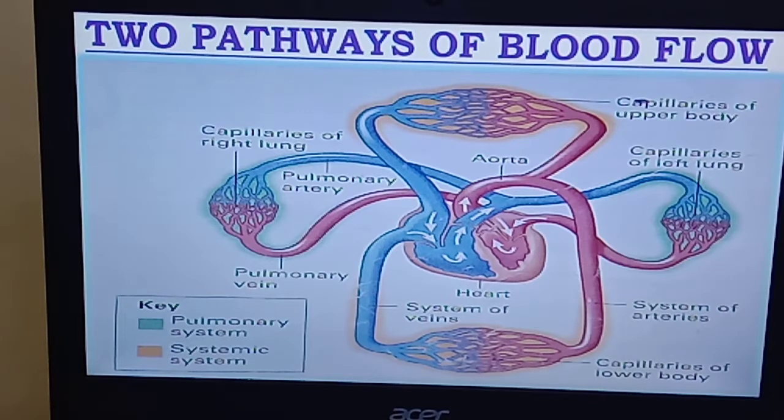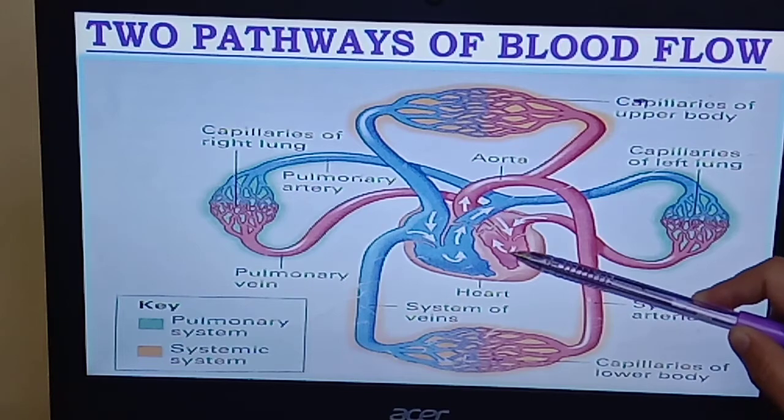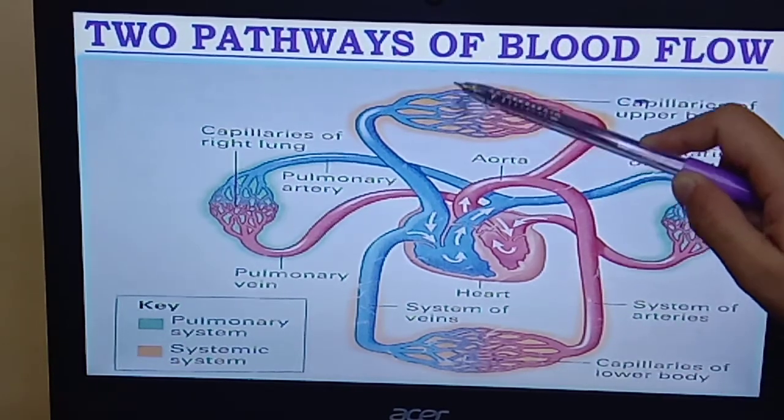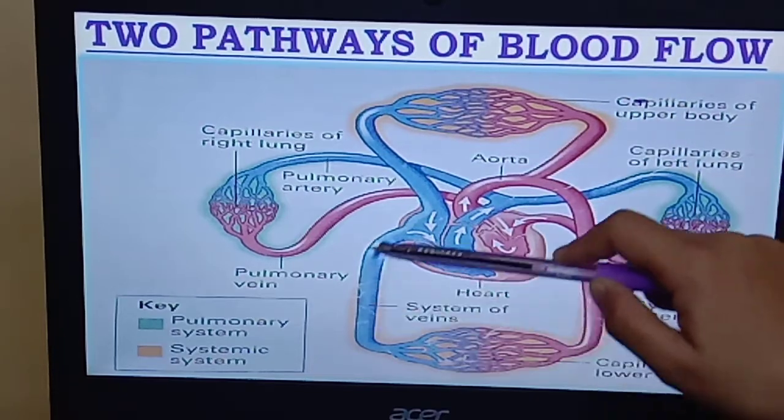Again, the systemic circulation is from the heart to the rest of the body and back to the heart.